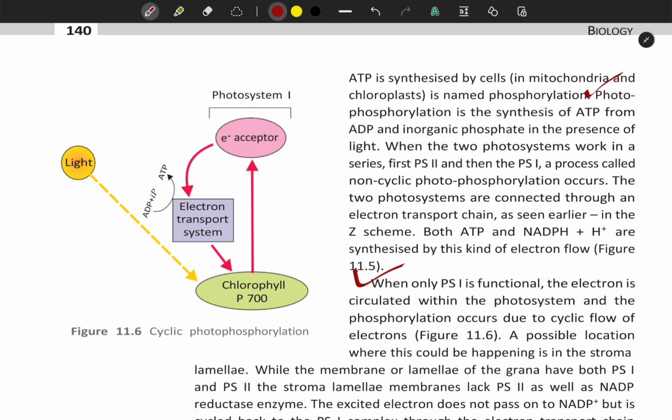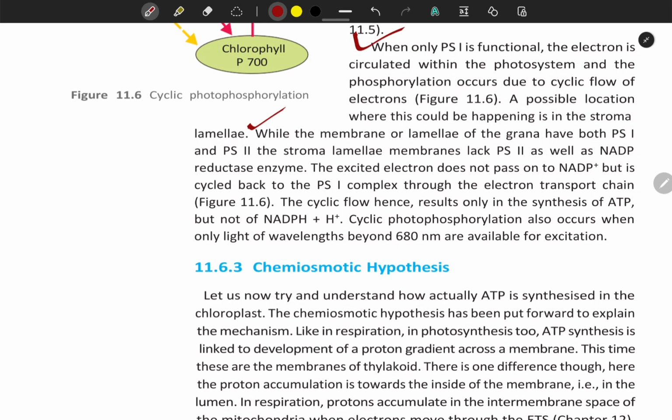A possible location where this could be happening is in the stroma lamella. While the membrane or lamella of the grana have both PS I and PS II, the stroma lamella membranes lack PS II as well as NADP reductase enzyme. The excited electron does not pass on to NADP+ but is cycled back to the PS I complex through the electron transport chain.